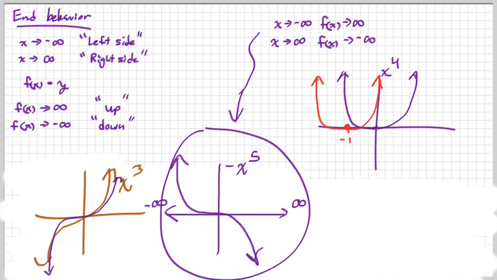You guys understand the end behavior? Alright, let's try another one. Let's try this red one right here. Let's do the end behavior for this red one. As x approaches negative infinity, and as x approaches positive infinity. We want to talk about both sides, the left side and the right side. What is f of x doing as we approach negative infinity?